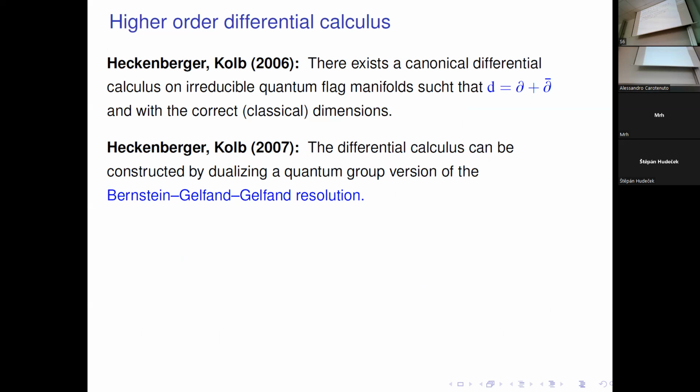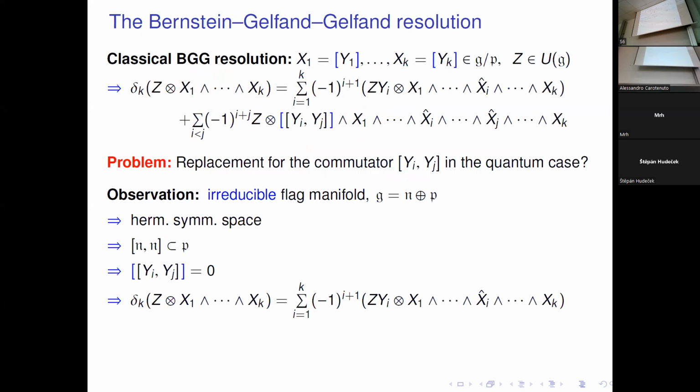But this paper is difficult to understand because it's made everything on representation theory and without very explicit formulas. But then I found a different paper, and I was surprised. They found a quantum version of the Bernstein-Gelfand-Gelfand resolution, which is surprising that it exists.